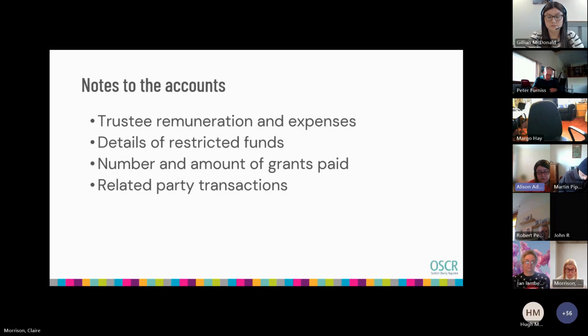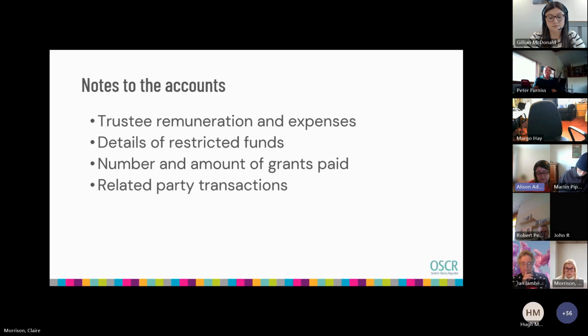It is important to note here that if no remuneration was paid to a charity trustee or anyone connected to a charity trustee, then this must be stated in the accounts. The notes should also include the total amount of expenses, if any, paid to charity trustees, and the number of charity trustees receiving expenses. Again, if no expenses were paid to charity trustees, then this must be stated.